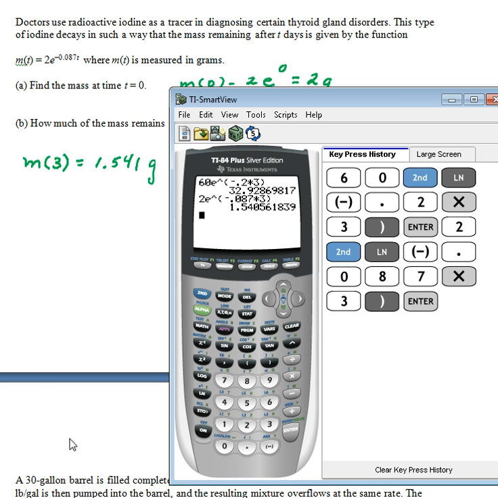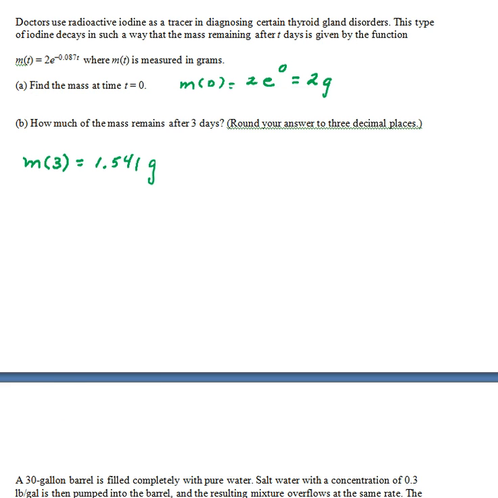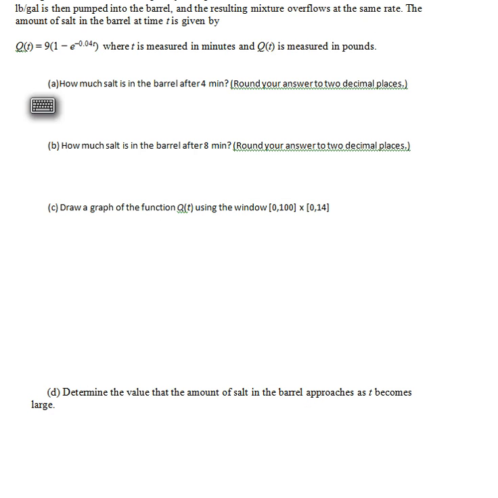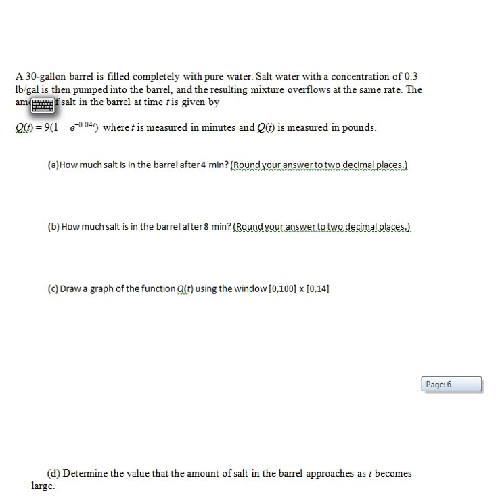In our next example, we have the problem. A 30-gallon barrel is filled completely with pure water. Salt water with a concentration of 0.3 pounds per gallon is then pumped into the barrel, and the resulting mixture overflows at the same rate.